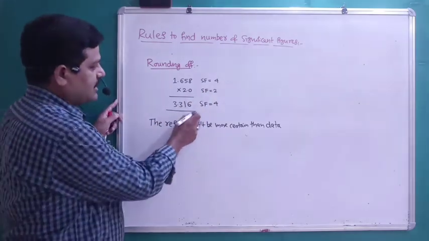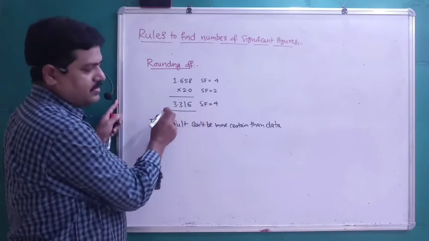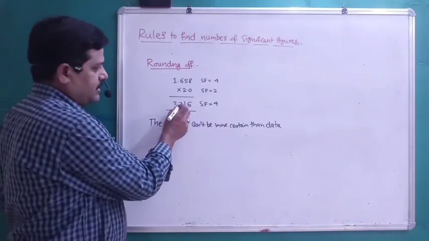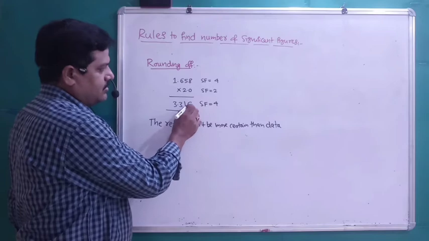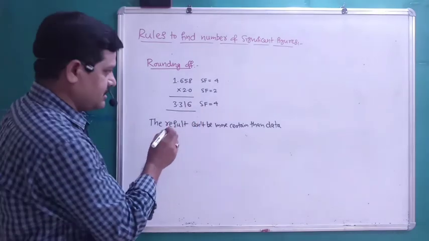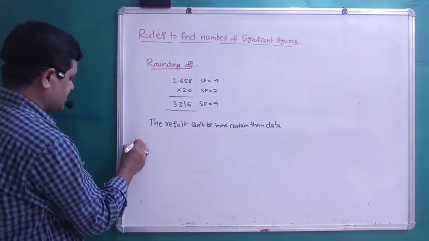Then there are certain rules while rounding off the number. This is to be rounded off to 2 significant figures. What are those rules?